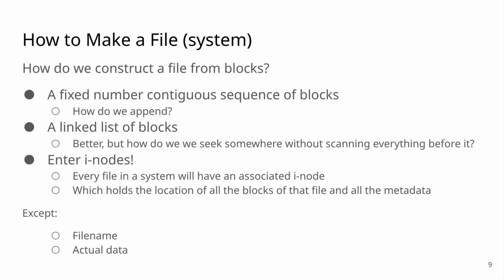This allows us to create a hierarchical tree-like structure that contains names of files, and then the actual file contains the pointers to the data blocks. That's it for this video, and in the next video we'll talk more about what inodes look like.